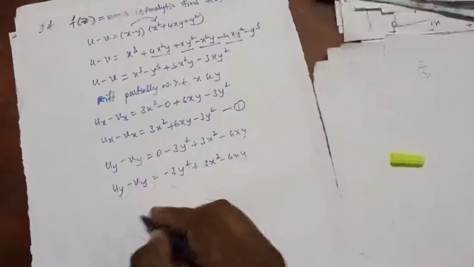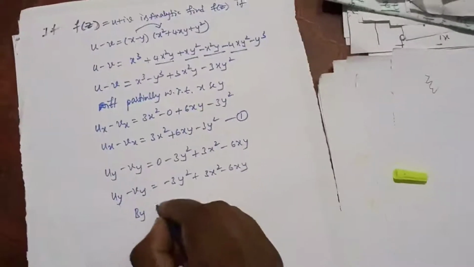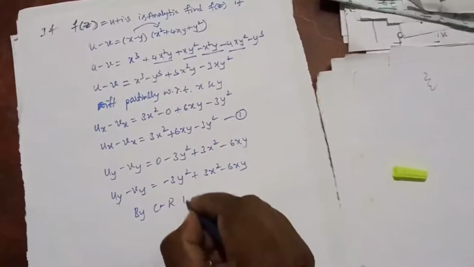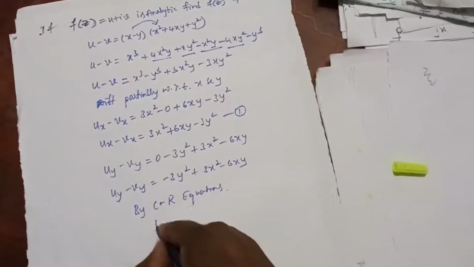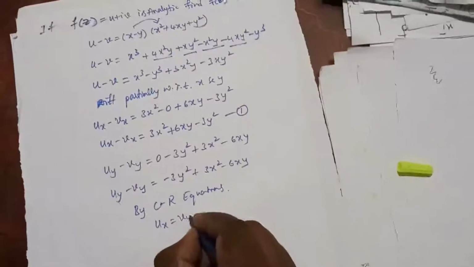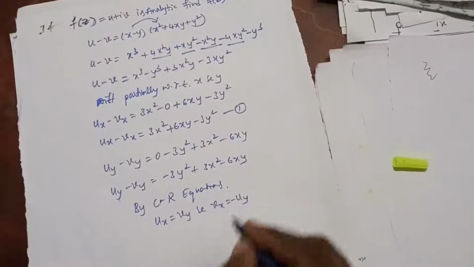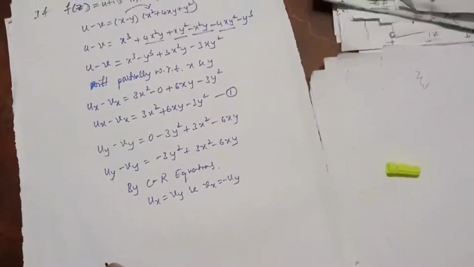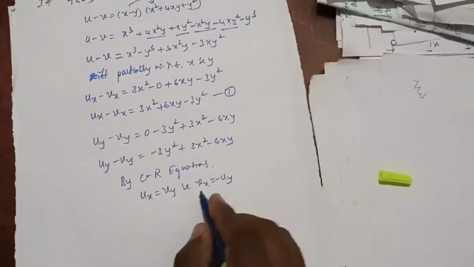Change this to u suffix x and v suffix x by using Cauchy-Riemann equations. By CR equations, ux equals vy and vx equals minus uy. So replace uy with minus vx and vy with ux.